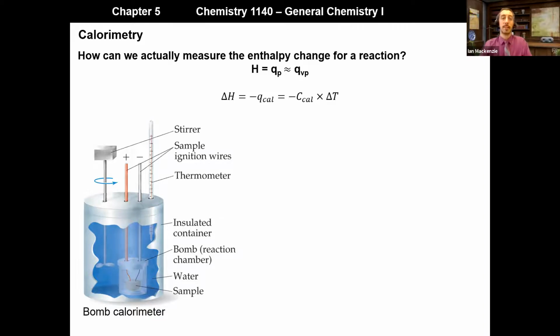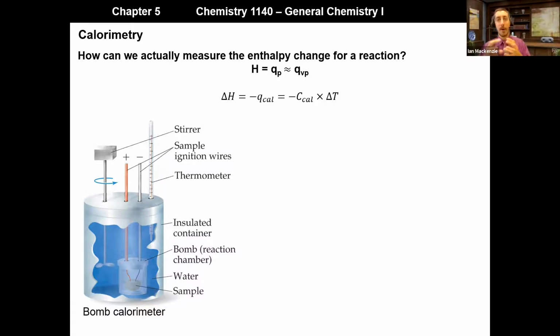Rather than being the specific heat times the mass times the change in temperature, it's now the heat capacity of the whole calorimeter times the change in temperature. Where does the mass go? Well, the mass is taken into account when we measure the heat capacity of the calorimeter.